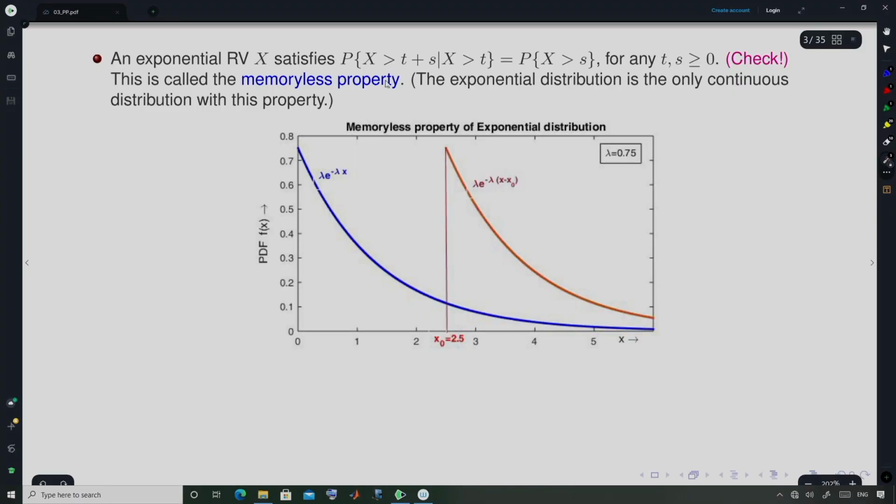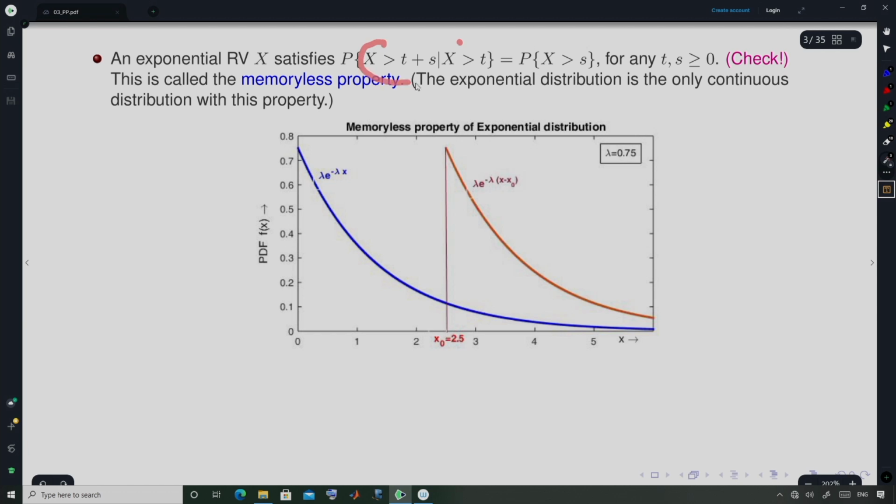So, what it tells us, in the context of our queuing context: suppose the current time is t and there has been no arrival since the previous arrival.